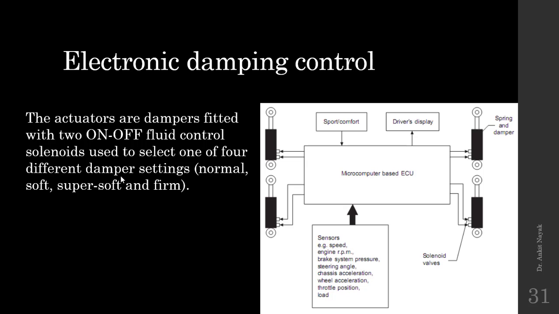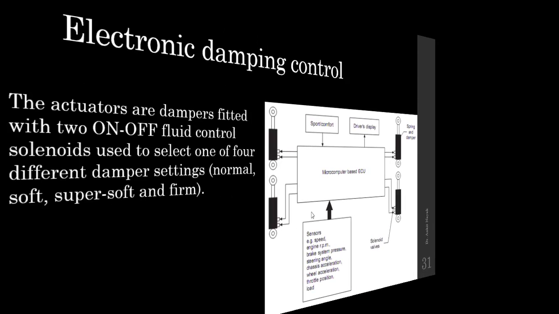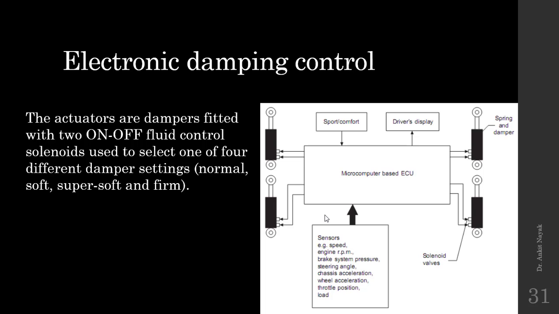of the fluid. By using some special kind of fluid, we can control the damping by changing the voltage or by supplying some current inside the damper. For that purpose, we can use a microcomputer-based ECU.